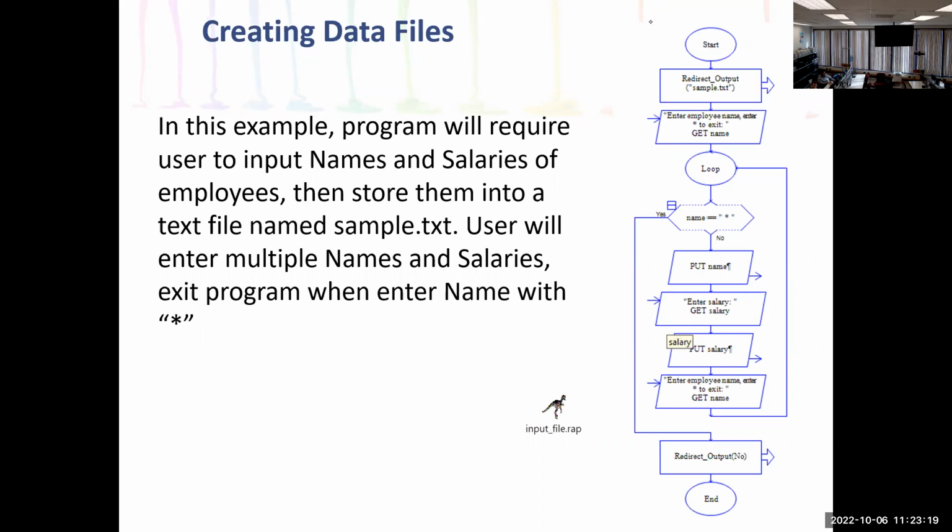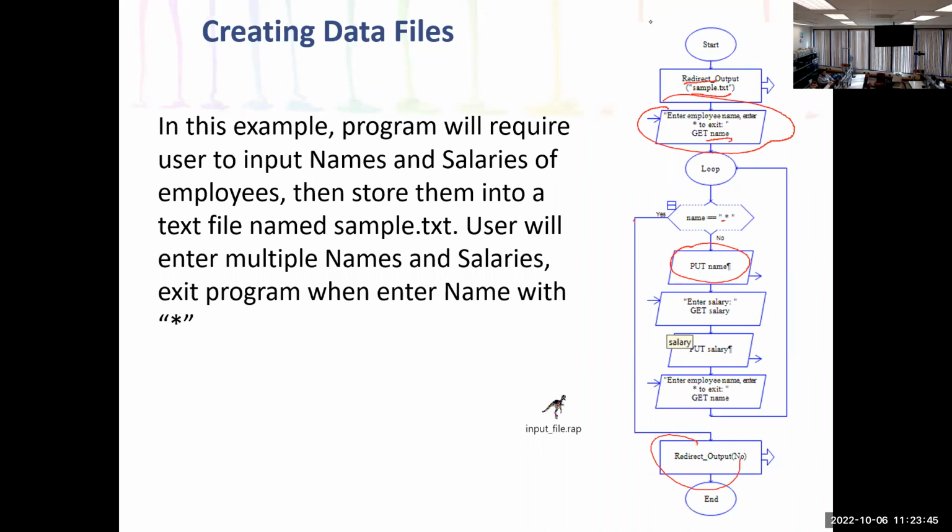The first process here is the redirect output, and it specifies the name, and it generates the file. Now there is a loop there, right? That is the control variable here. Enter the name and check if the name equals star or not. If yes, exit the process and close the file. If not, put name.